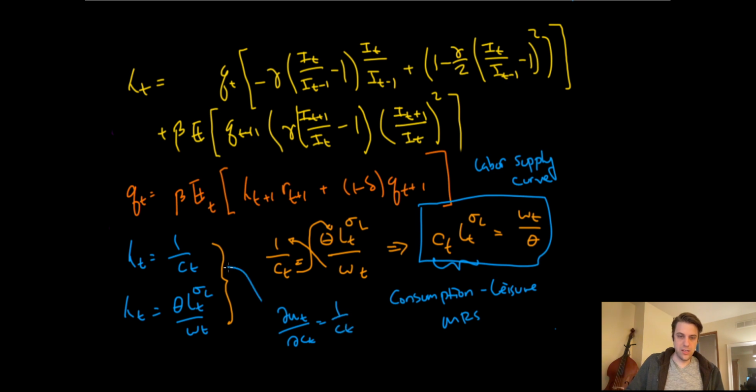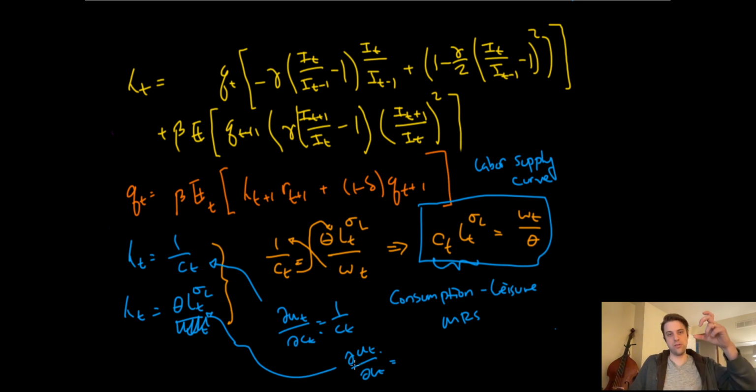It's exactly this. And the derivative of the intratemporal with respect to LT is equal to exactly this top part, this part here. And then if you divide this one by this one, which is exactly what a marginal rate of substitution is, the ratio of the derivatives, you get this.